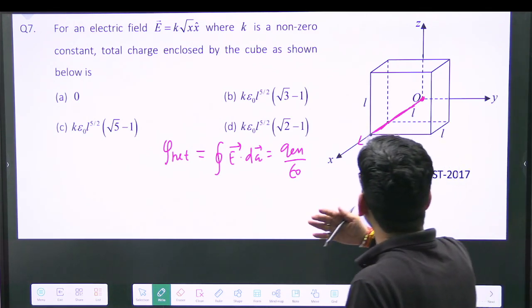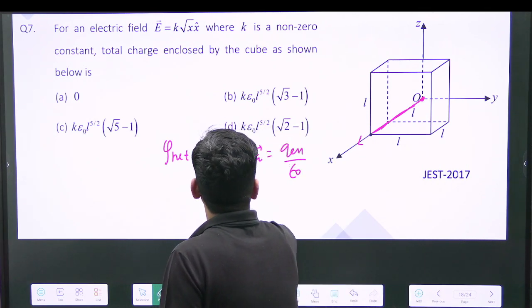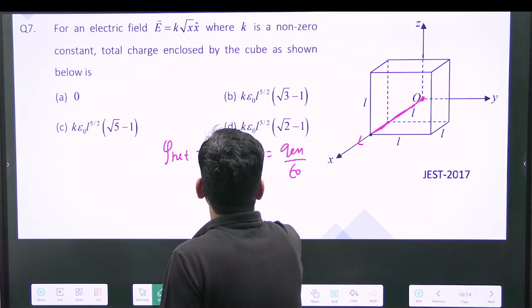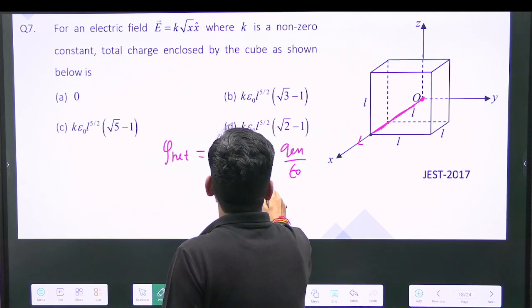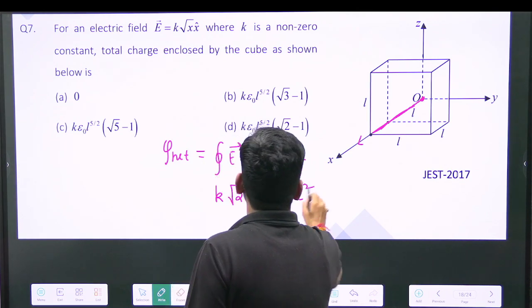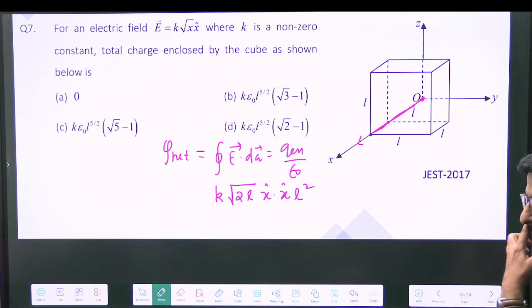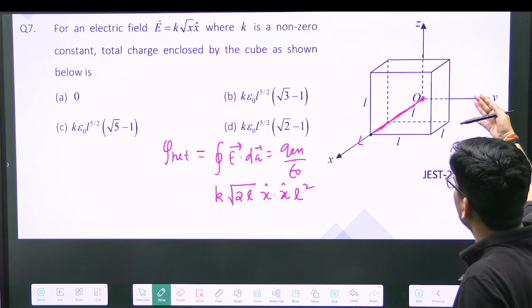So on the front surface, the electric field will be K under root of 2L x cap, dot x cap, into L square. This is on the front. And on the back, what will happen?